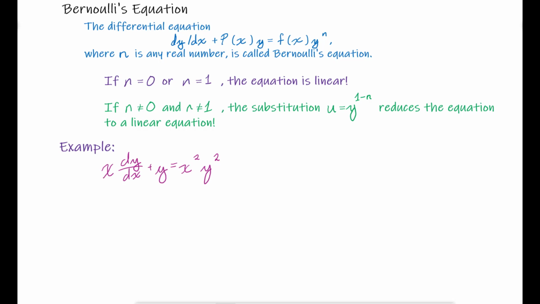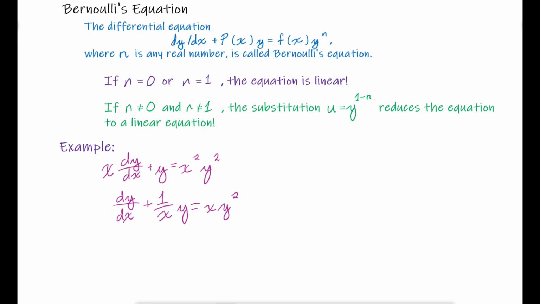So let's rearrange this one so that it looks like that. And doing so is really as simple as dividing all of the terms by x. So now I have dy/dx plus 1 over x times y equals x times y squared. So we have n equals 2, which means the equation is not already linear.